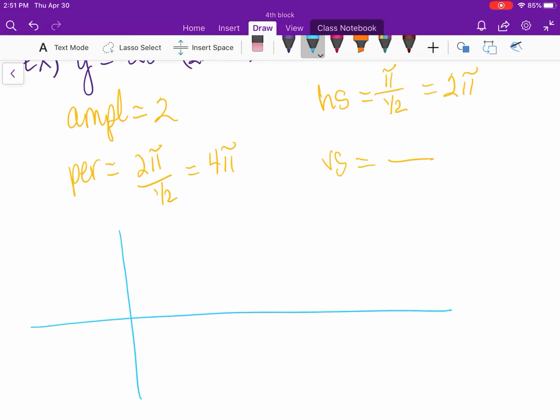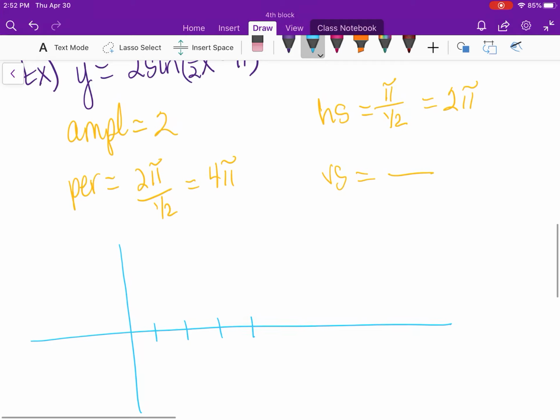All right, so let's see what this looks like. Now, I always try to space mine out in groups of 4 just because we know our key points are, in this one we're graphing sine, so it's x-intercept, max, x-intercept, min, x-intercept.